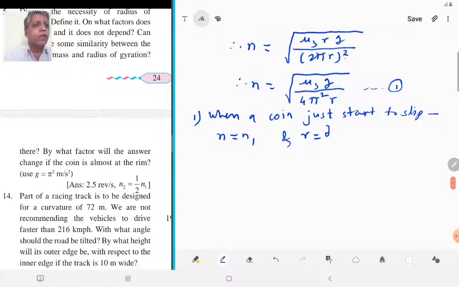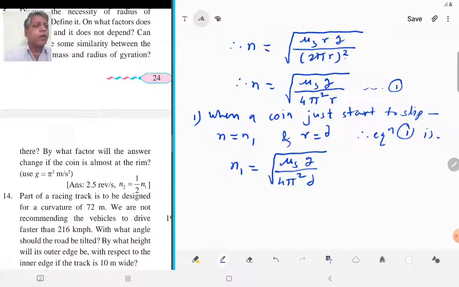Therefore, equation 1 becomes n1 is equal to square root of mu s g upon 4 pi square into d.